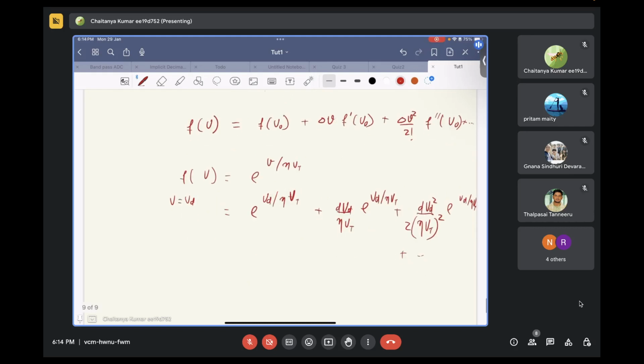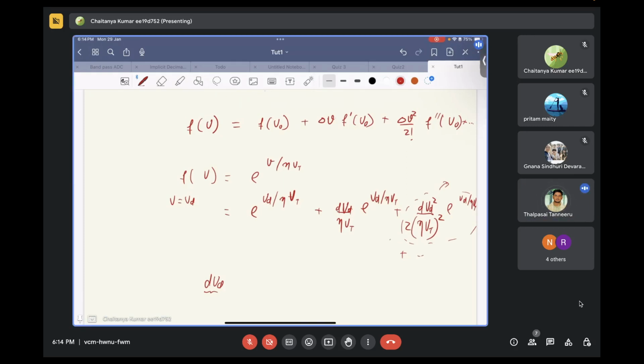So if dVd is sufficiently small, much less than 1, meaning this complete quantity is much less than 1, then its square will be even less than 1, and its cube will be much less than 1.